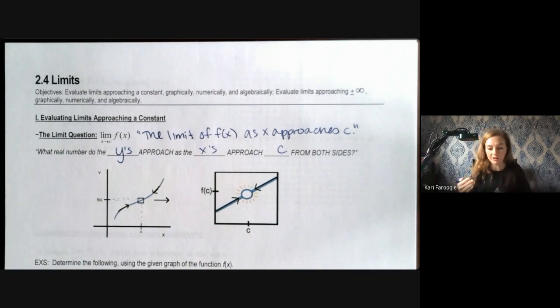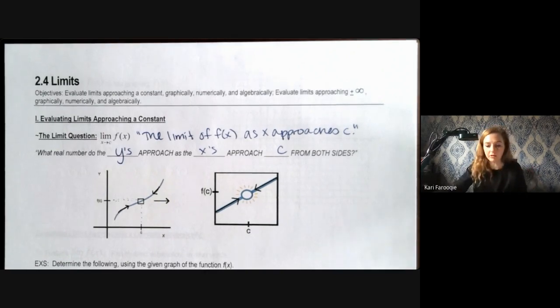You're going to see a bunch of examples of this. This is a general, vague picture of what could be happening in a limit. We're not necessarily talking about the function value. Sometimes we will be, but sometimes the limit has nothing to do with the function value at a point.